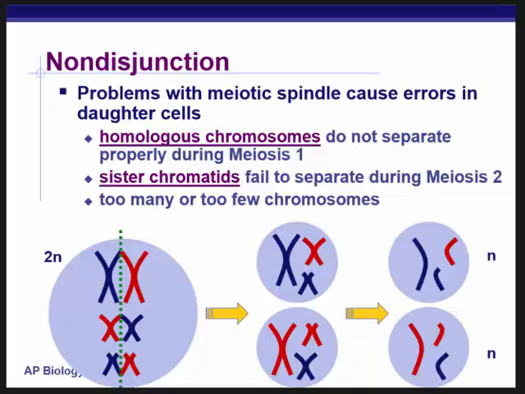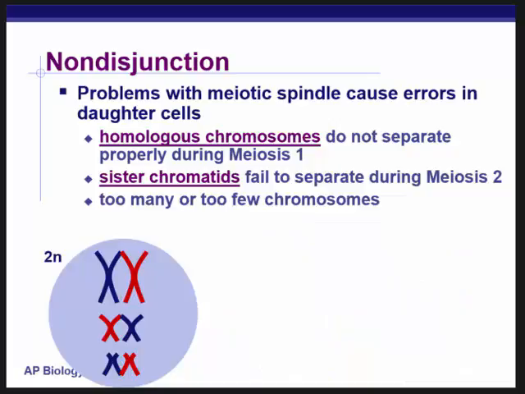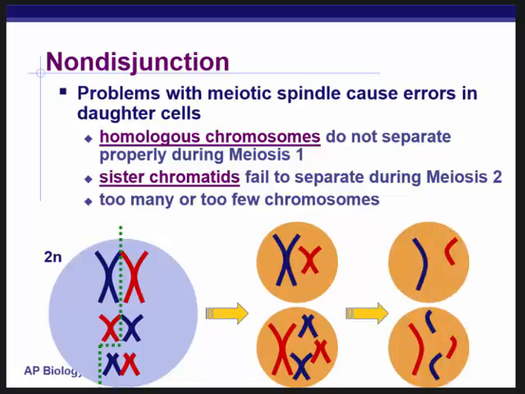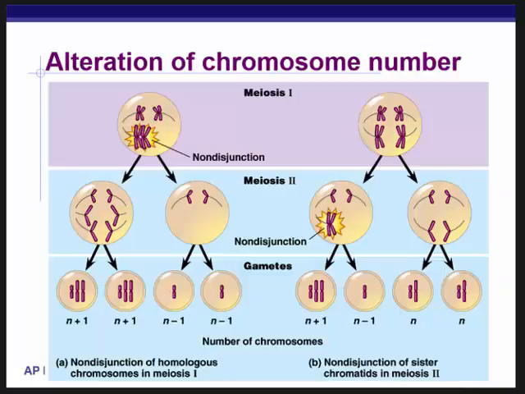Now, when non-disjunction happens, the meiotic spindle might take 2 chromosomes to the same direction. This causes one cell to end up with too few chromosomes while the other one ends up with too many. So you end up with one cell that's n-1 and one cell that's n+1. It has an extra chromosome.